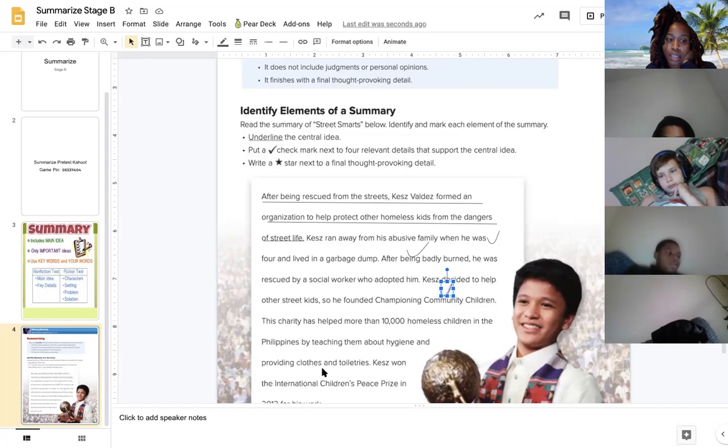Finish the sentence. Clothes and toiletries. Okay. What do you guys think?